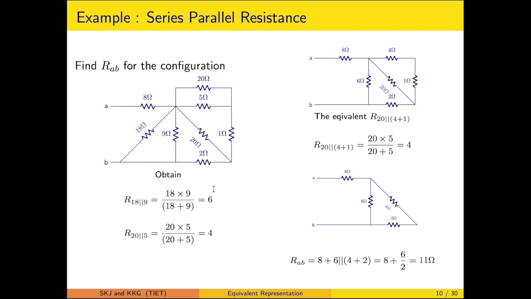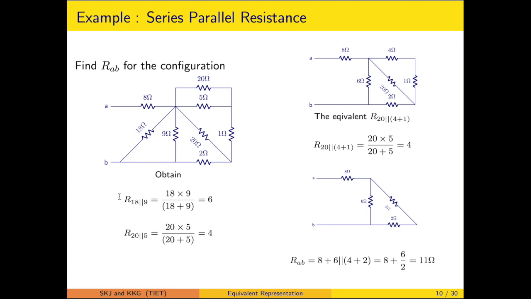In this, it has been observed that the 20 ohm and 5 ohm resistances are connected in parallel. The 18 ohm and 9 ohm resistances are also connected in parallel. This is basically the same terminal, there is no element present, it is only a connecting wire, so we will not count that any element is present over here.